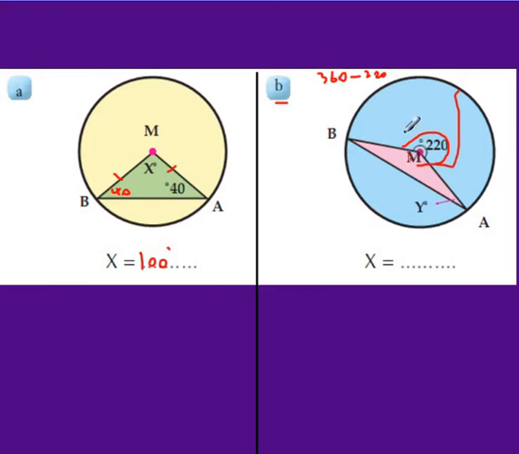This angle is 140. And the triangle is isosceles triangle. Why? Because MA and MB are 2 radii.